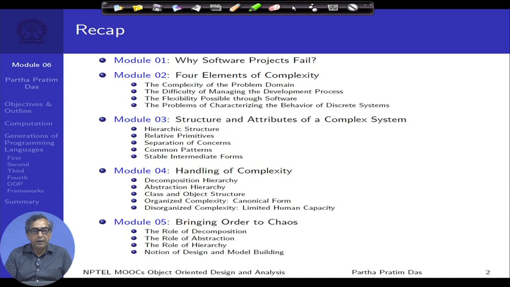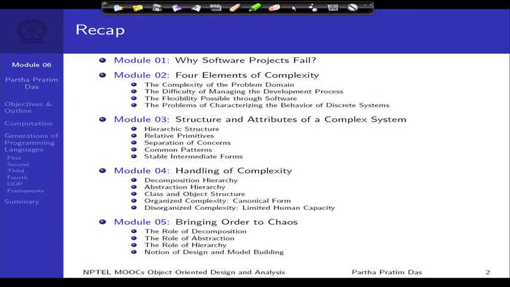a typically complex system, how to analyze the structure of that, what is the commonality between the different structural and behavioral aspects of complex systems, particularly even going across domains. And based on that, we have been able to summarize into a few common strategies of decomposition, of abstraction, of hierarchy extraction and so on.